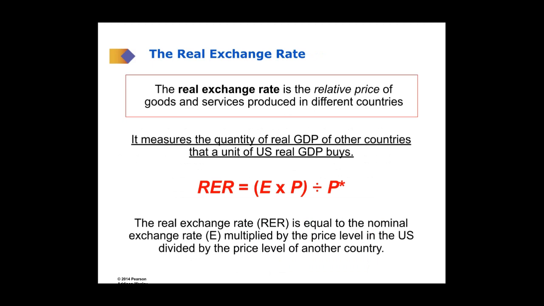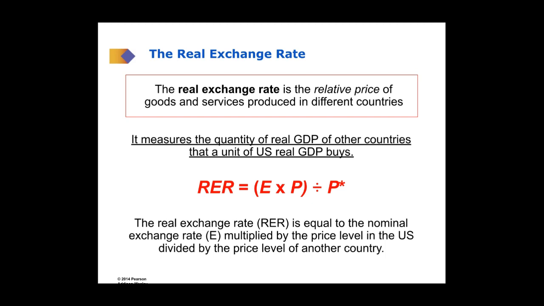The real exchange rate tries to look at both the exchange rate and the price levels in the two countries as a way of trying to see how much of one country's GDP can be purchased with another country's currency. It's trying to take some of the monetary aspects out of the exchange rate, if that's possible, and look at the underlying purchasing power of the currencies.